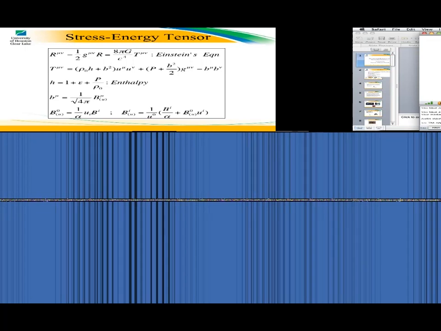And in order to get this stress-energy tensor, you have to have these 4-velocity terms, and in this case something like enthalpy, which depends on epsilon here, which is a specific energy.